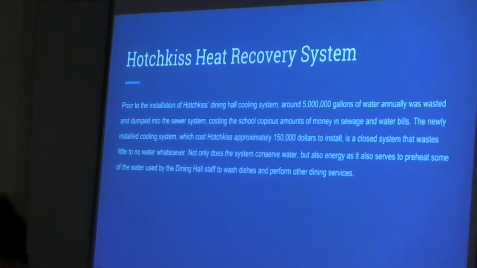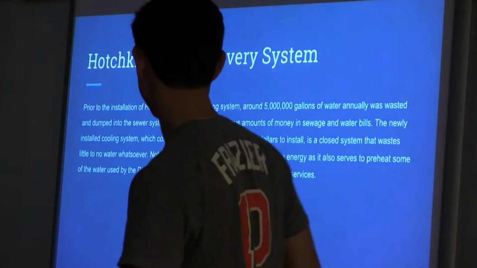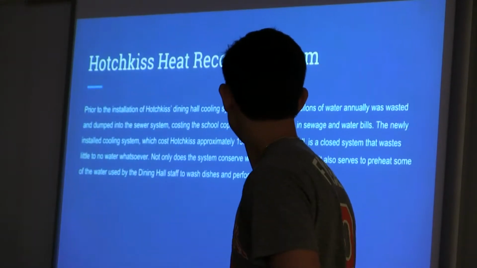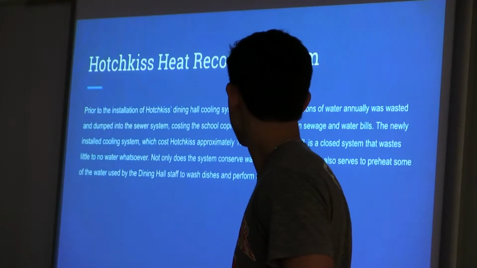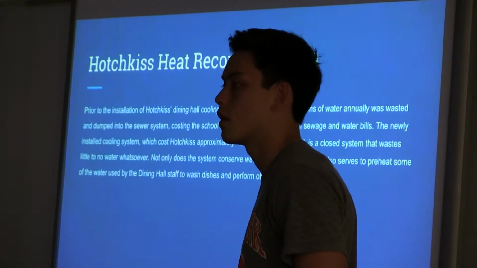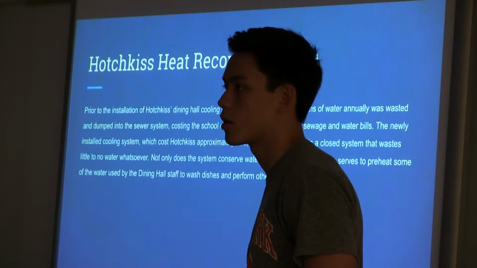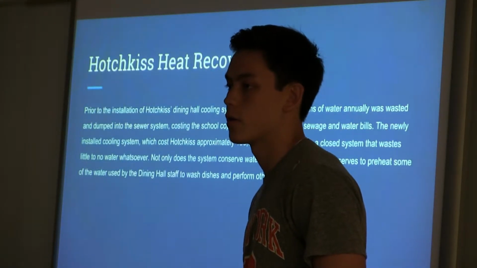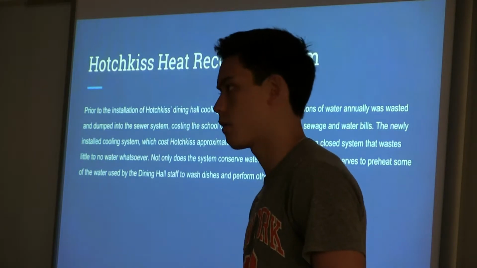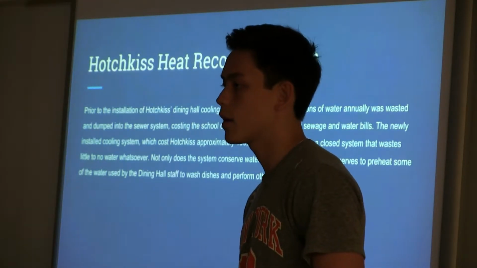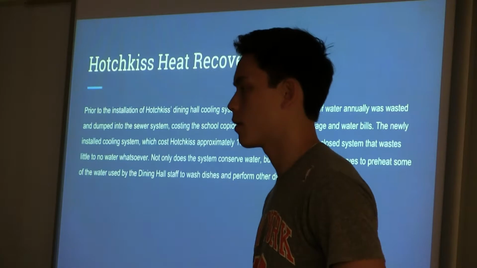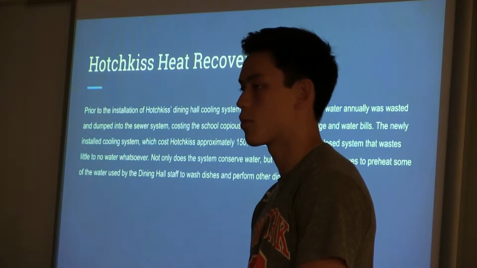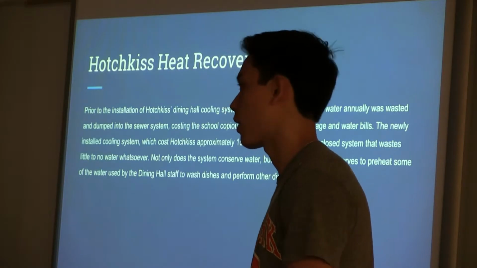Alright, I'm going to go ahead and talk about the Hotchkiss heat recovery system, and just to explain what the heat recovery system's purpose is. Basically, in the dining hall, we have large industrial-sized refrigerators that keep our food cold, and these refrigerators use a process known as a vapor compression cycle, and I'll get into that later.